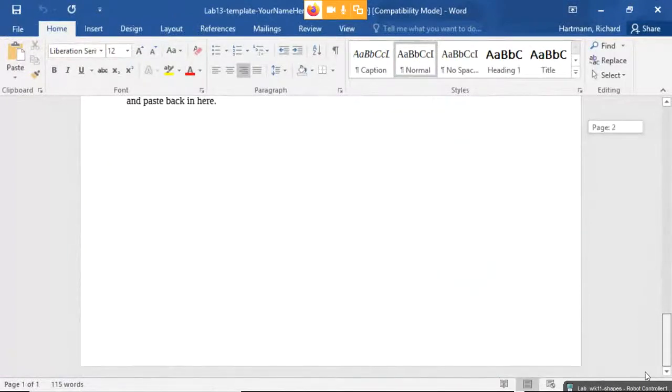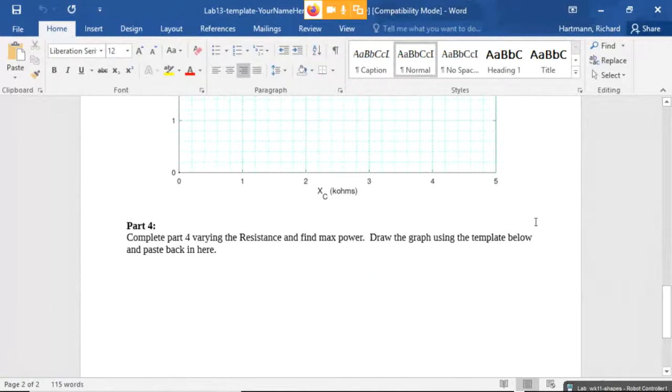Graph 13.1. Okay. I'm going to re-upload the document. I didn't get the second graph in there. It's slightly different numbers. Okay. All right, so I'll upload that in a little bit.